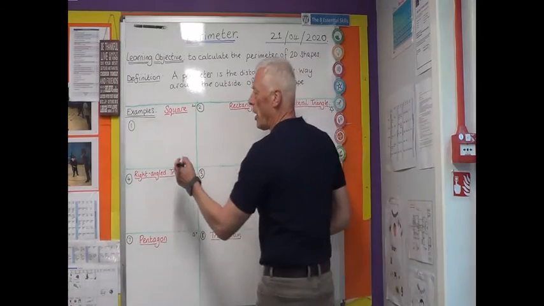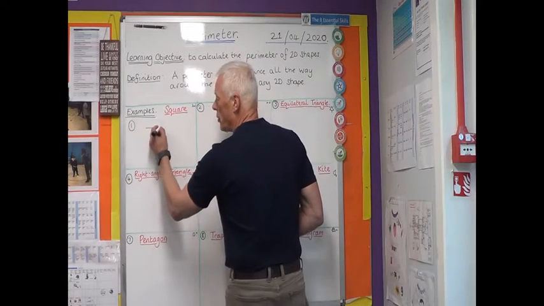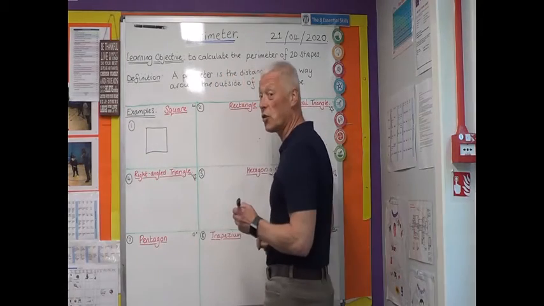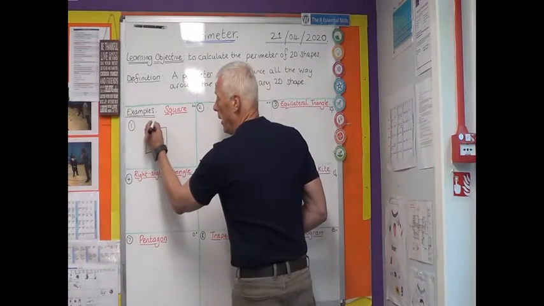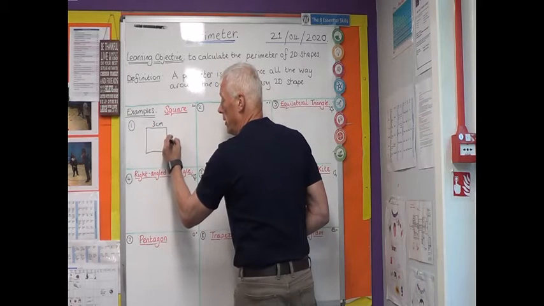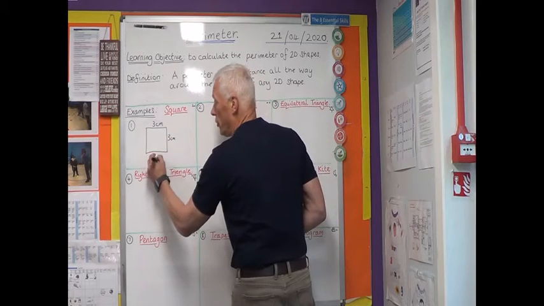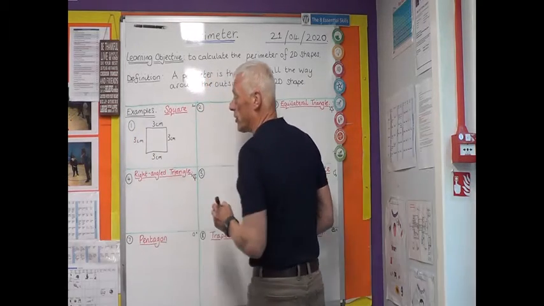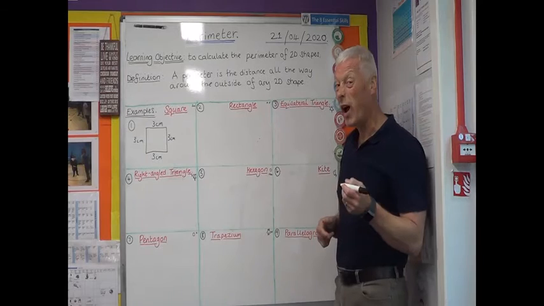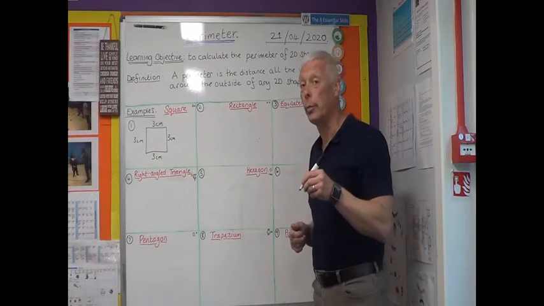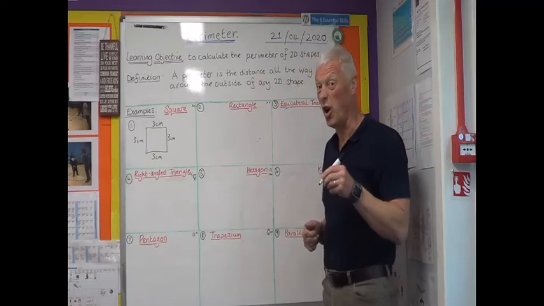If I was to ask you to calculate the perimeter of a square, and I give that square a distance on each side of 3 centimetres, the way that I want you to calculate it is using the column addition that we've used in your addition work.